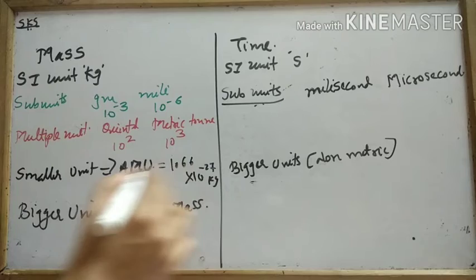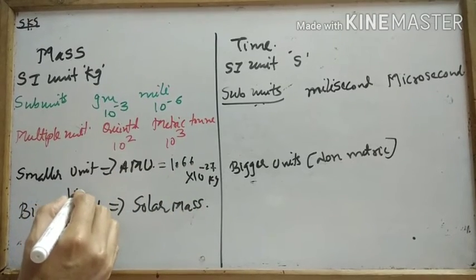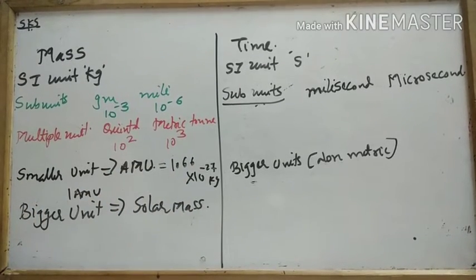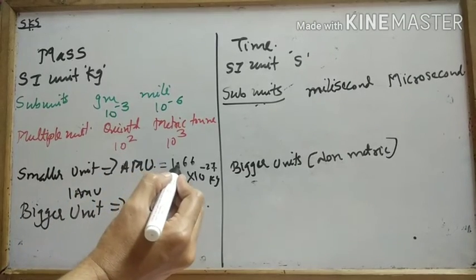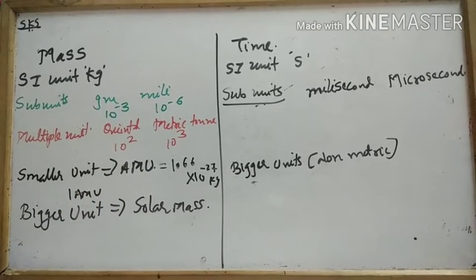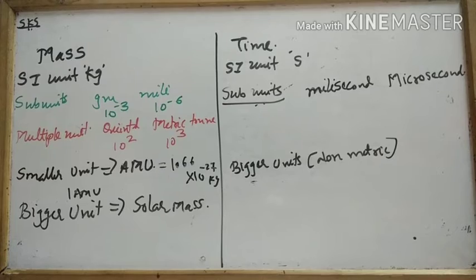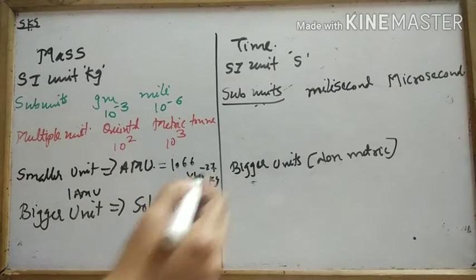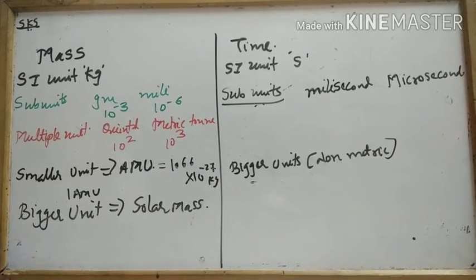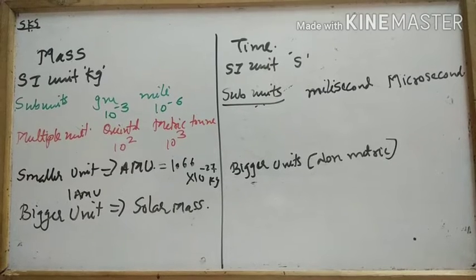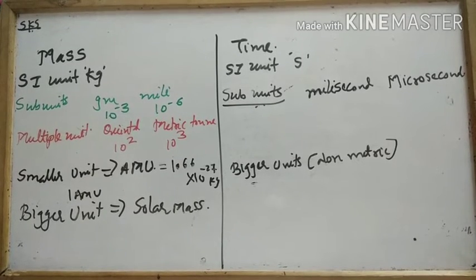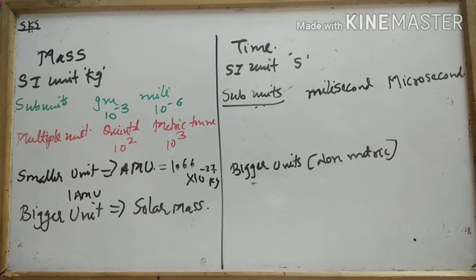Instead of writing this much, if I write down 1 AMU, that means the mass of that particular atom is 1.66 into 10 raised to negative 27 kilogram. Negative 27 means 0.00027 times, then 166. So that is the very small unit of mass of an atom.